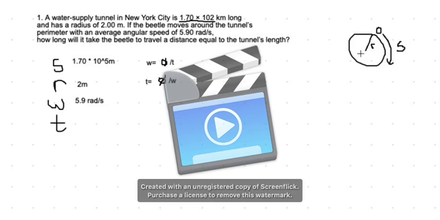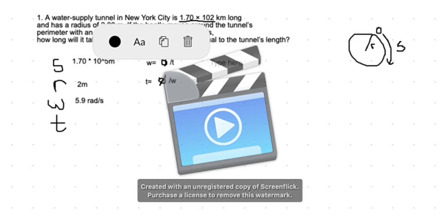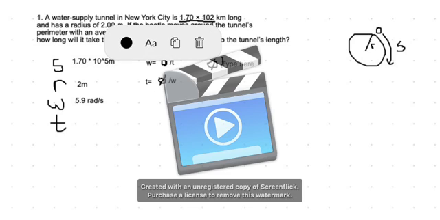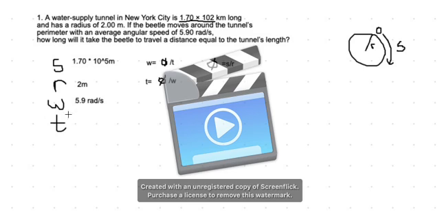I can do that because I know that theta is equal to S divided by R. So now I can use the S, which is the perimeter that he traveled, divided by my R, which will give me theta.